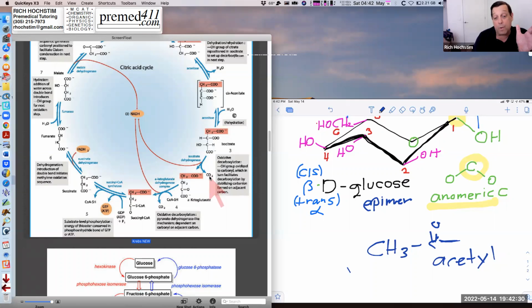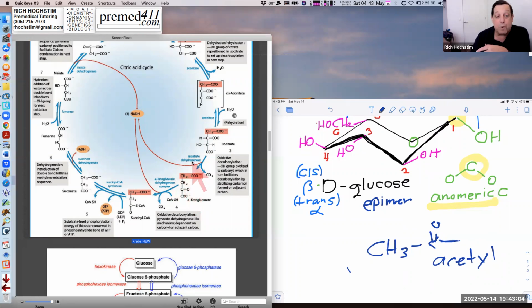It's gone, you see? That's our decarboxylation. But it's oxidative because there's one bond to O here, and here there's two bonds. When you add a bond to O or S, something electronegative, called heteroatoms, more electronegative than carbon, you're going to have an oxidation.